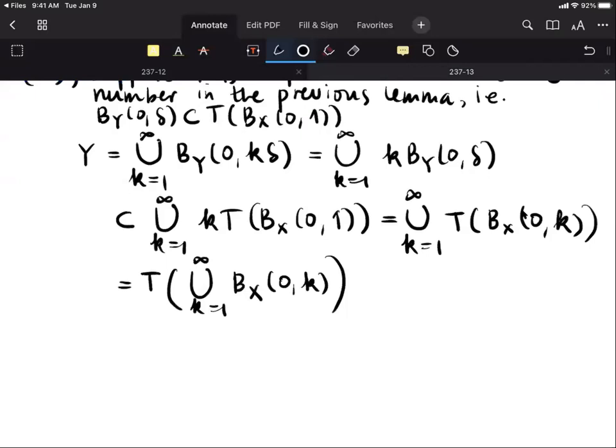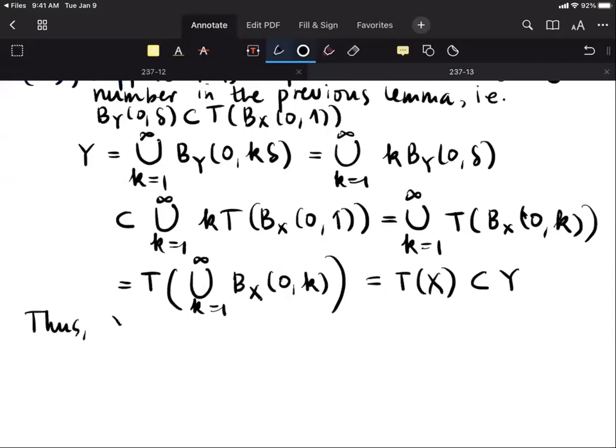And this is the same as T of X, because the union of these open balls for k from 1 to infinity is the whole space X. And we know that the image set is a subset of the codomain.